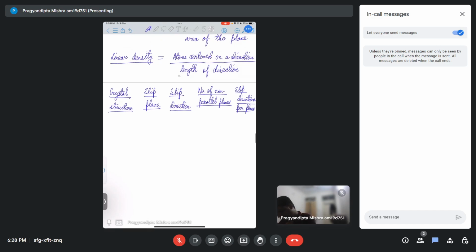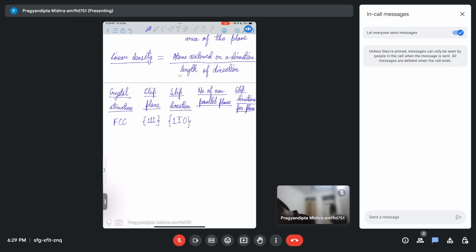So for FCC, the slip plane is 111 and the slip direction is 110. So if I'm talking about 111, this will be 1 minus 10.